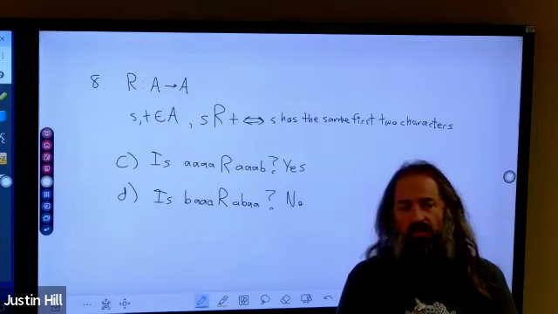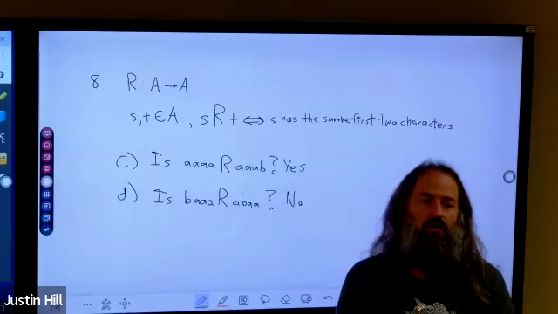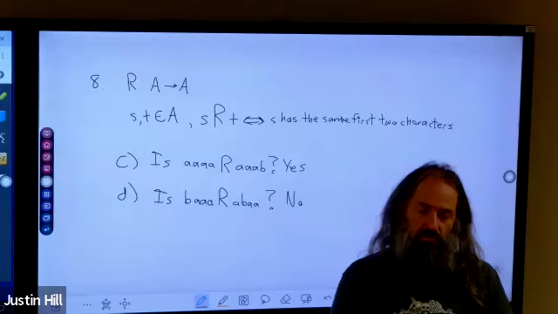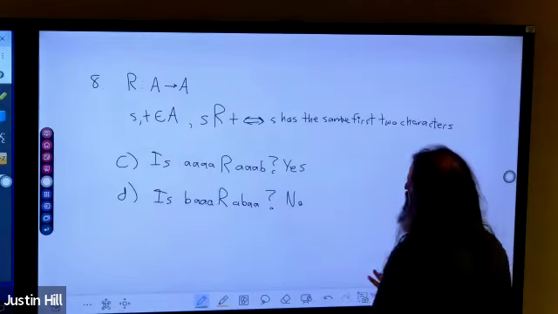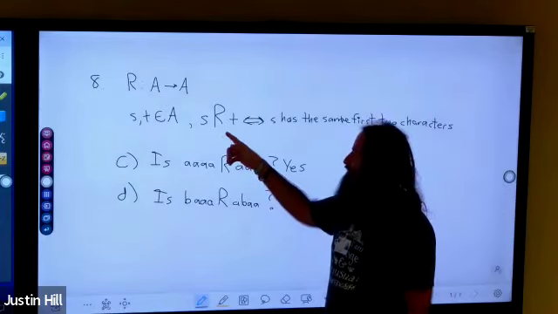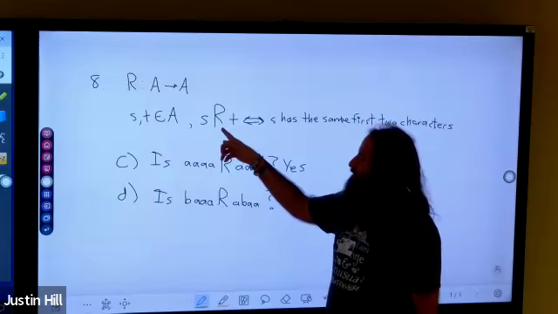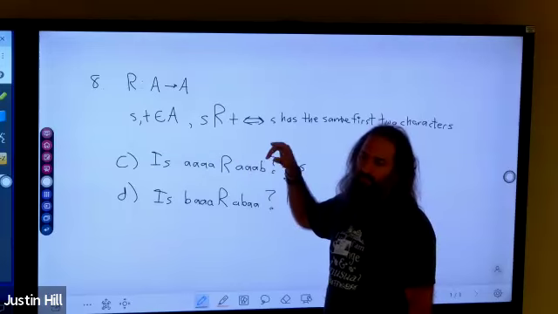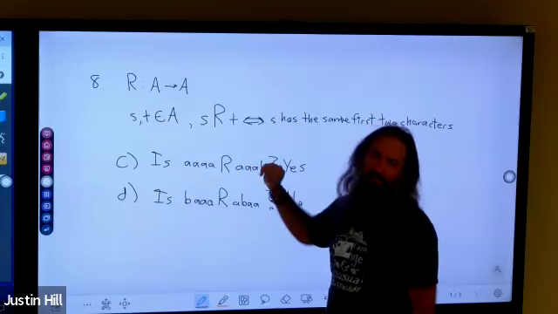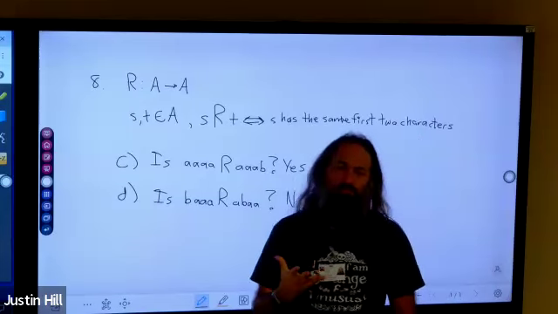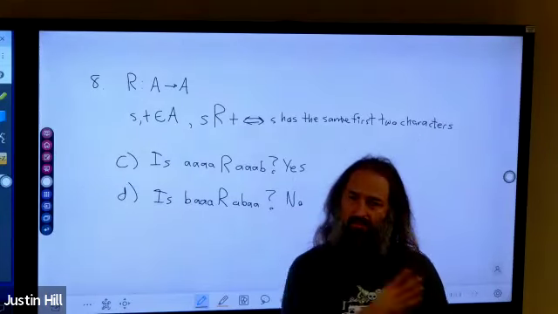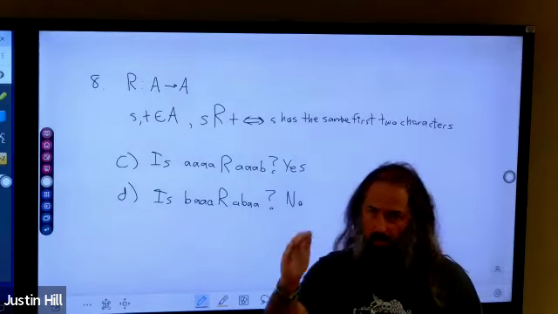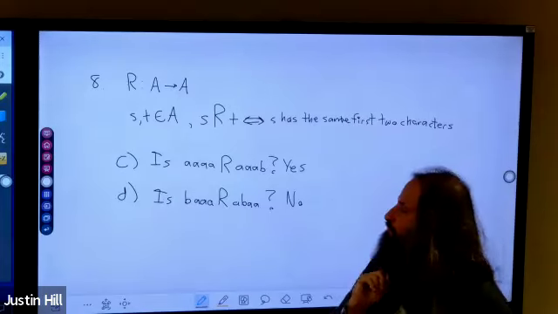You don't know all the things that are related to all the other things, but we know how to determine which ones are part of the relation. The way I've described it is enough for me to figure out what's in the relation, but it is not actually the relation. It is not the list of all inputs from the domain paired with outputs from the codomain that are related to each other.